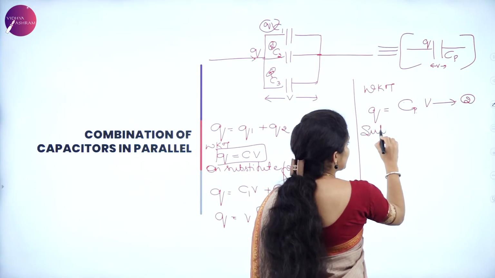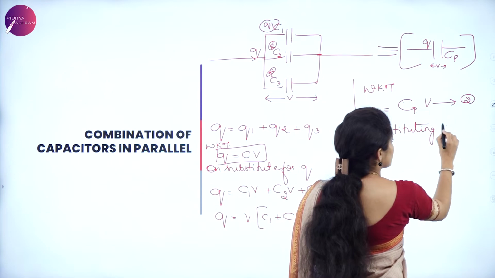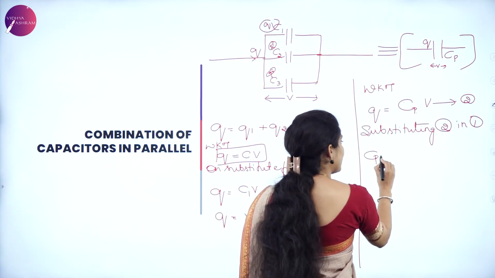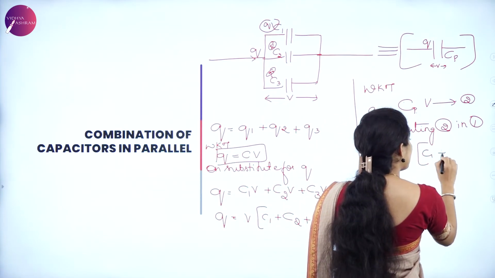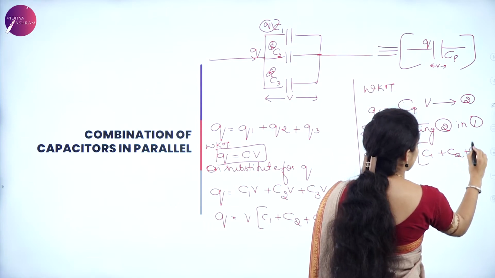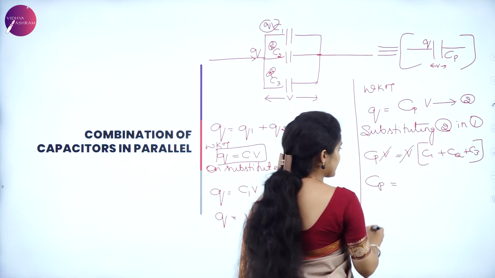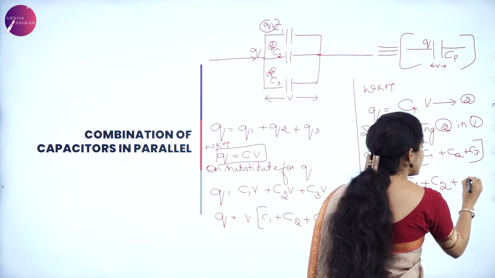Now substituting 2 in 1, we have Cp into V, which is equal to V into C1 plus C2 plus C3. V and V get cancelled, so we have the parallel capacitance Cp is equal to C1 plus C2 plus C3.